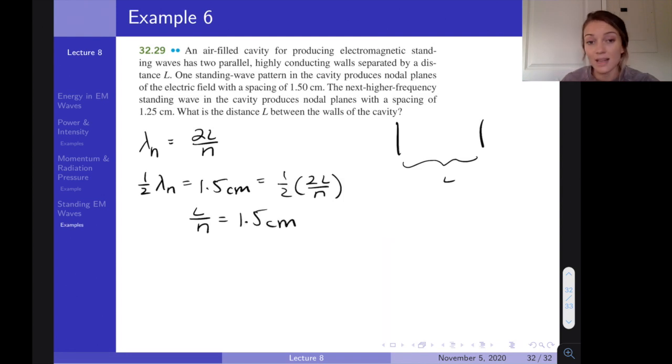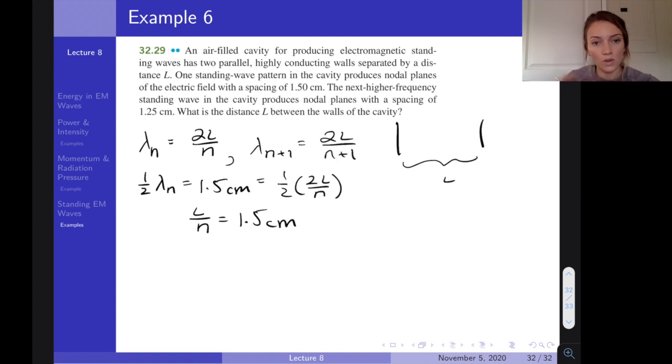Now they tell us the next higher frequency, so N plus 1, is going to have a spacing of 1.25 centimeters. So every half wavelength now is 1.25 centimeters. So now we have lambda of N plus 1 is going to be 2L over N plus 1, obviously.